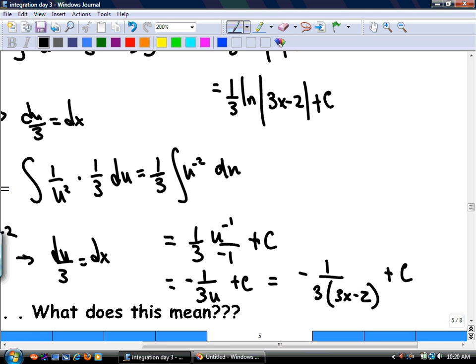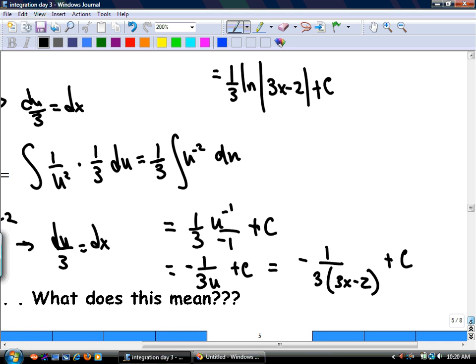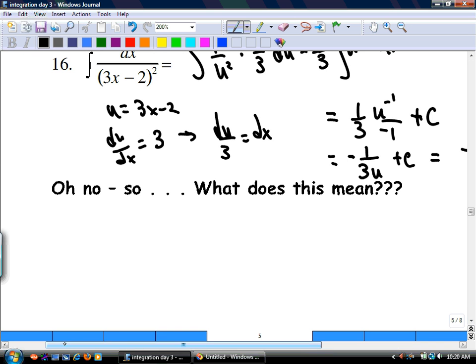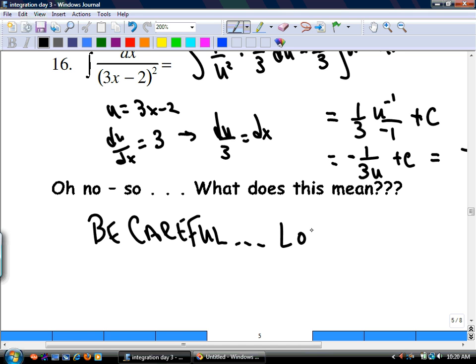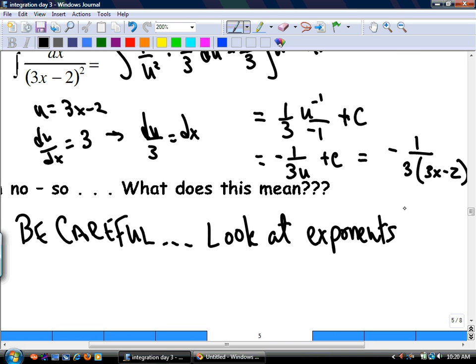You need to look at your exponents before you take the antiderivative. Yeah? Look at your exponents. Okay? Nothing worse than getting sucked in.